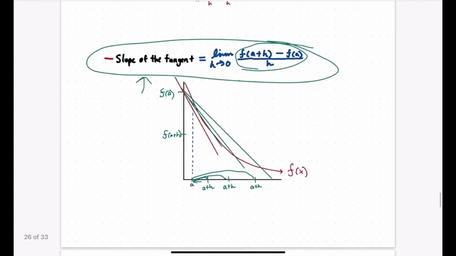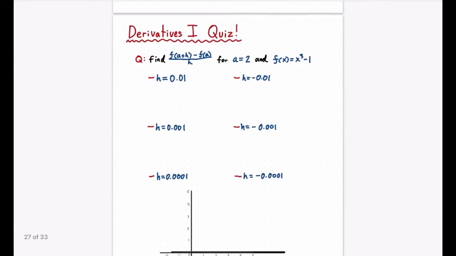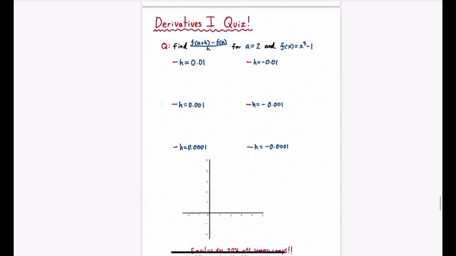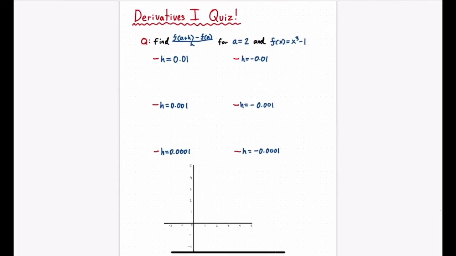Alright, hopefully I haven't lost you guys. So I have a bit of a quiz for you here. This is like the example questions that we did before. Find this rise over run for a equals 2 of this expression here, and then map out, given that a equals 2, so a equals right here.